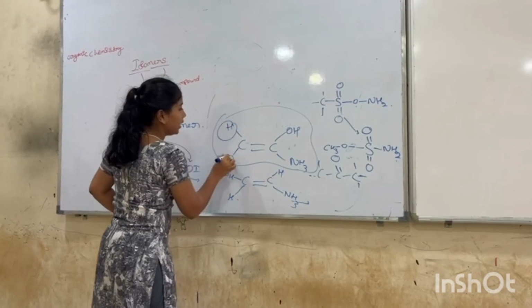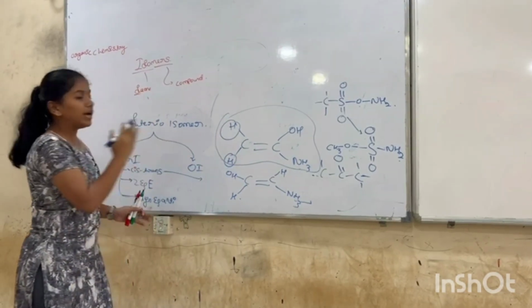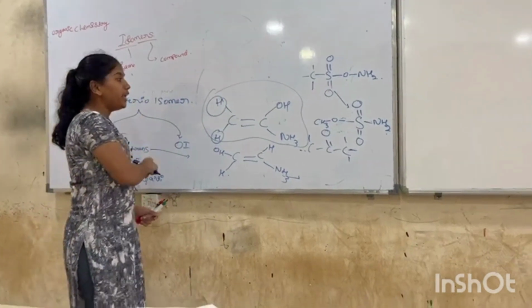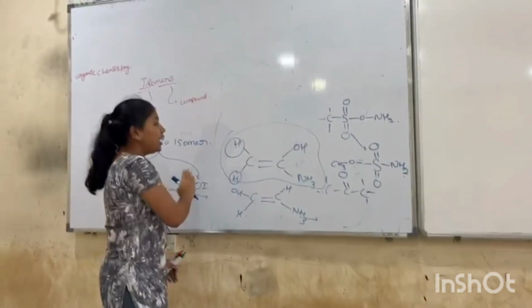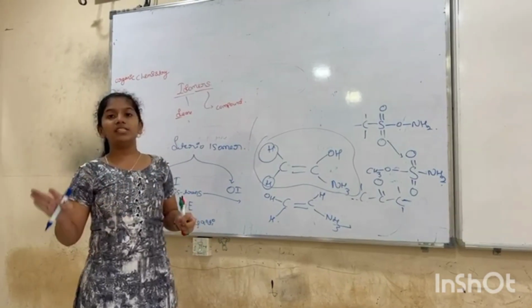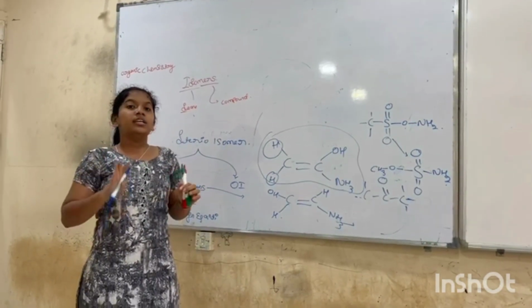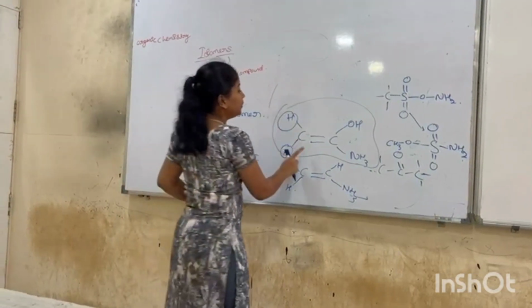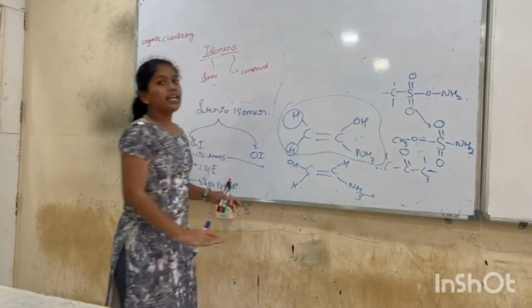In case of this compound, the hydrogens on one side are the same molecules. In case of geometrical isomer, on one side of the double bond, the same groups should not be present. So this is not a type of geometrical isomer.